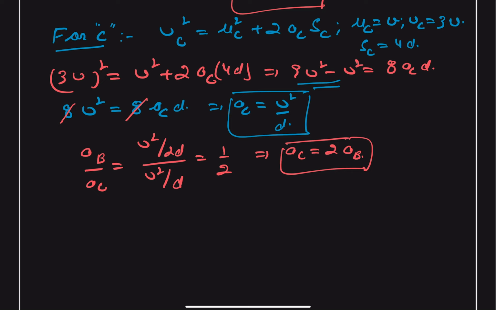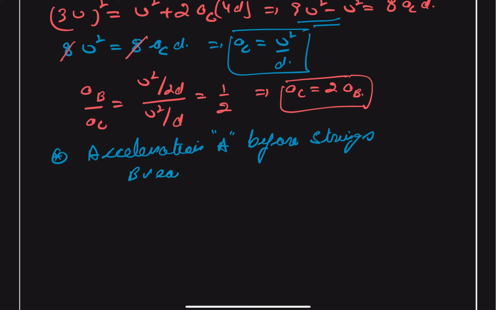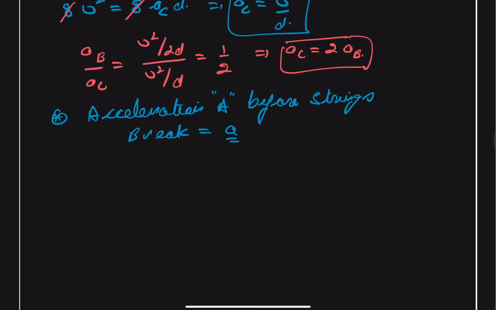And we assumed that the acceleration of A before the string breaks is A. So the acceleration of A before the string breaks is taken as A, and according to the question, after the string breaks the acceleration is twice.